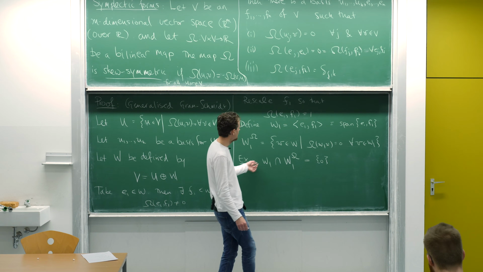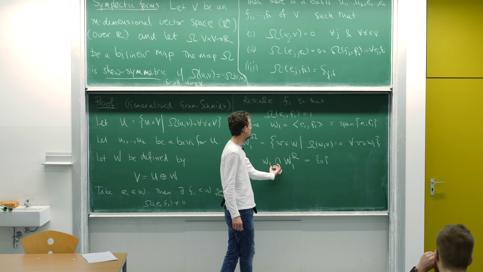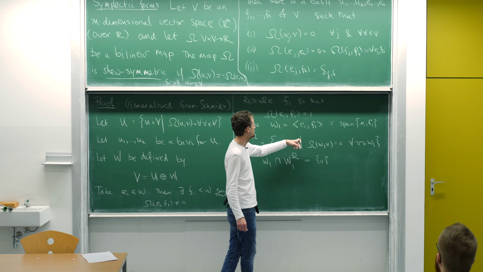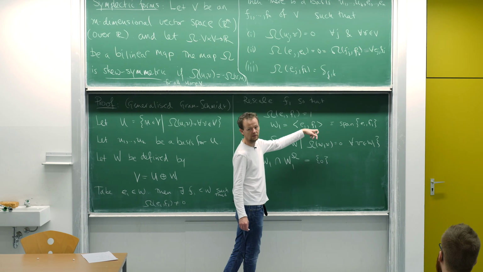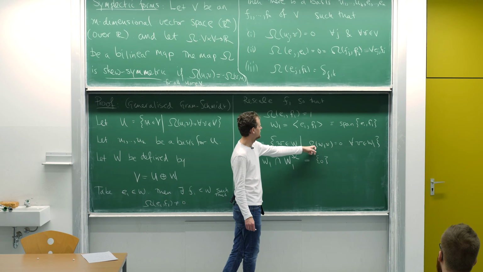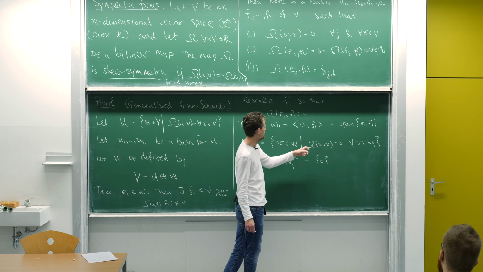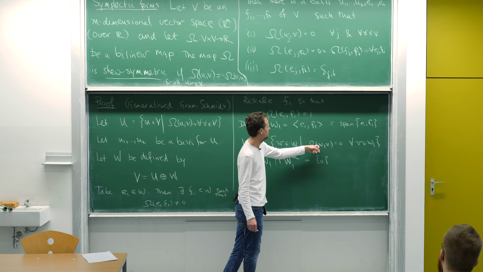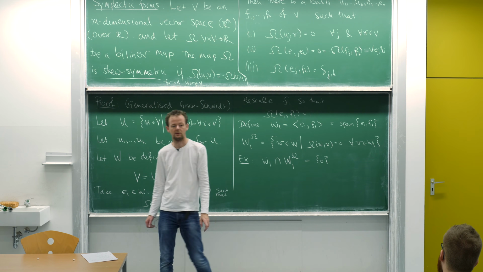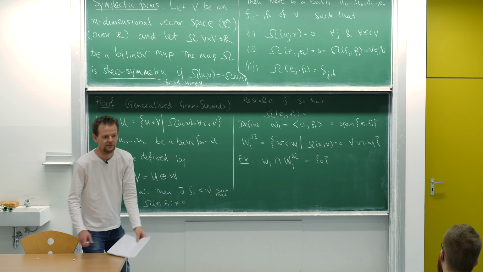Suppose there is something in this intersection here. Well, then it's some linear combination of E1 and F1, because it's in there. Then compute the skew symmetric map on your w, use linearity, run it over all vectors v in W1, and you'll see that the only possibility is 0.